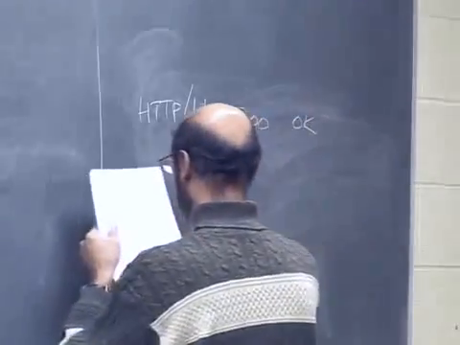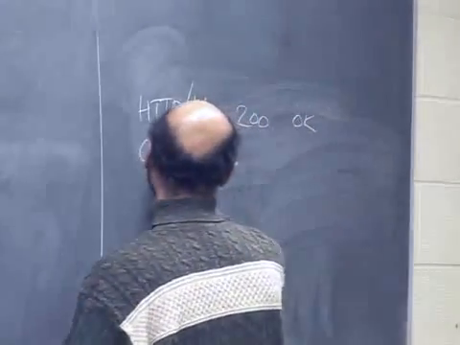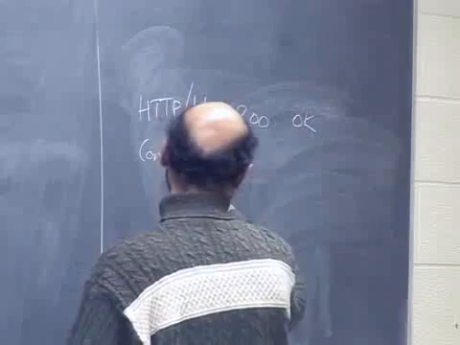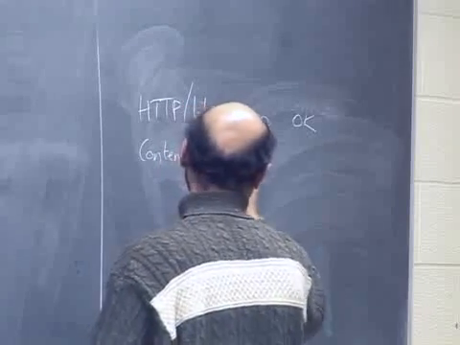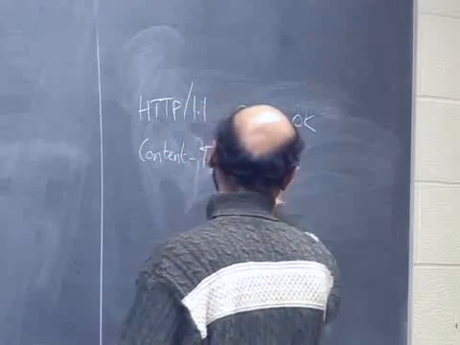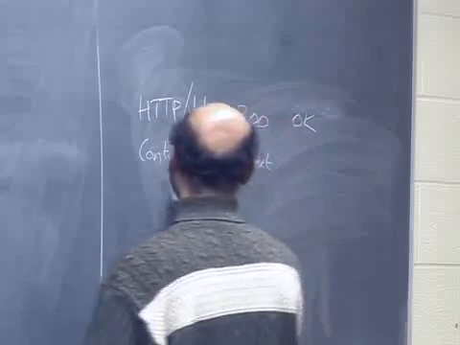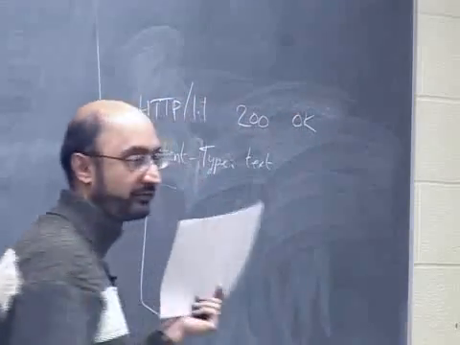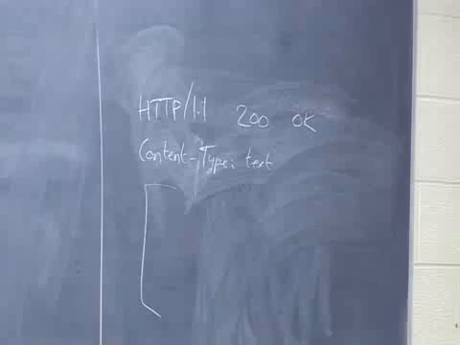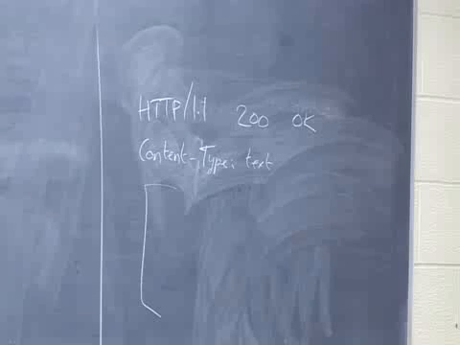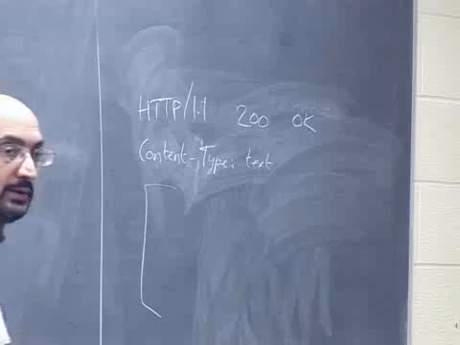Then there'll be some data, such as the content type. It could be, for example, text, and then the actual data follows that. So if you try doing this, you'll actually see what content you're going to get from the web server.